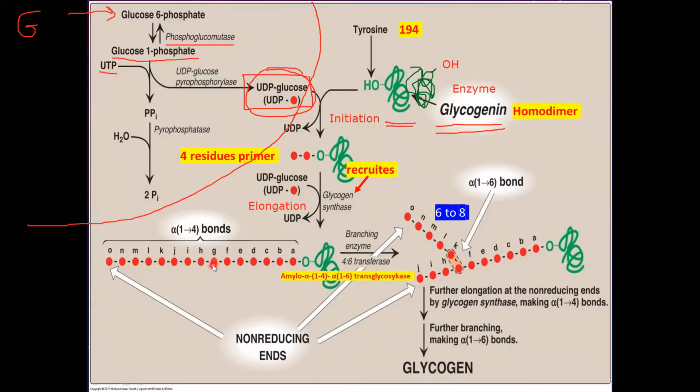Exactly. So this is how the branching enzyme works. After the critical length, it will cleave about 5 residues and go back 4 residues in order to make the branching. This alpha 1,6 glycosidic bond, the branching process, is not a building process but a transfer of a group. Then who continues elongating this length, here and here?